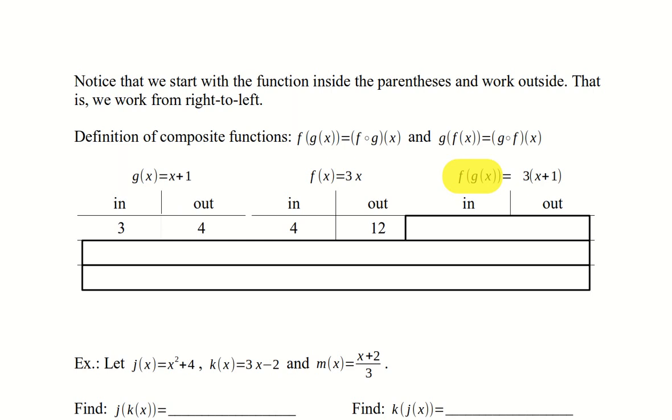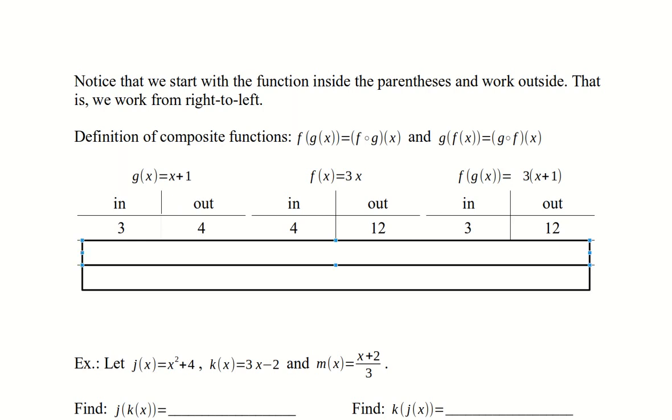That means to multiply it by 3. So 3 times the sum of x and 1. So let's do that again with the input of 3. So 3 plus 1 is 4. 4 times 3 is 12. So f of g of x is the same thing as making the output of g the input for f.